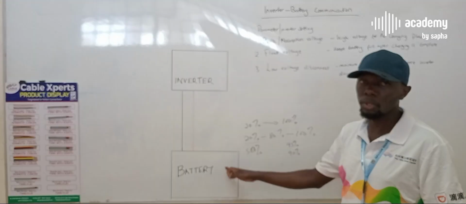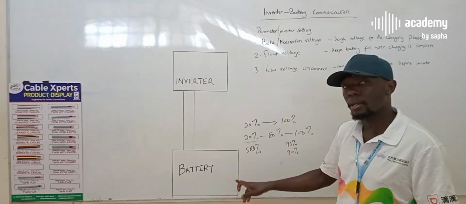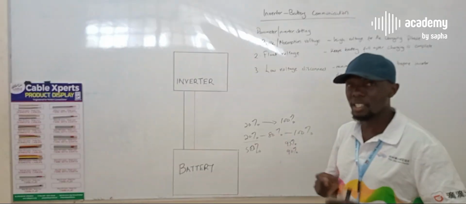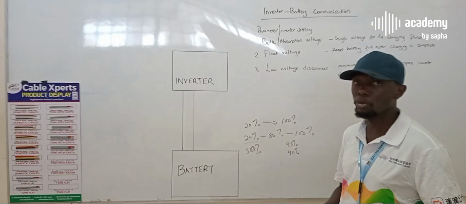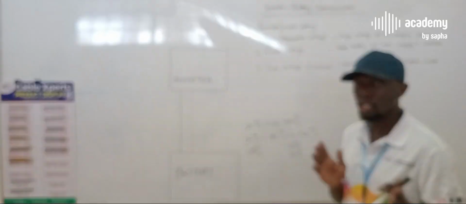And that will be bad because the battery structure or architecture might suffer if the inverter was programmed to charge one category of batteries.